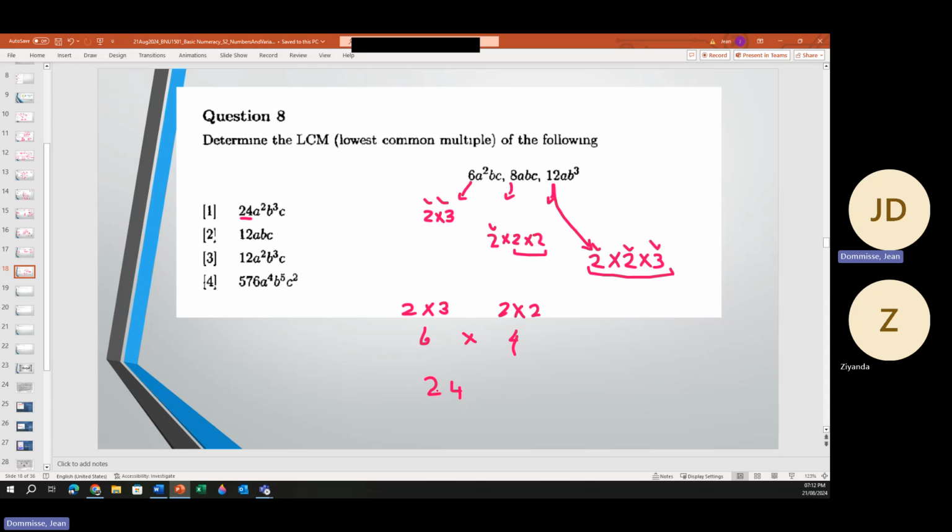We know it needs to be 24, so the others we can actually not worry about. But on the same principle, let's look at the A's, B's, and C's. If we look at this first one, there we have A to the power of 2, so that means A times A.